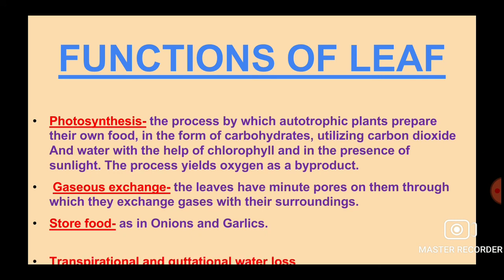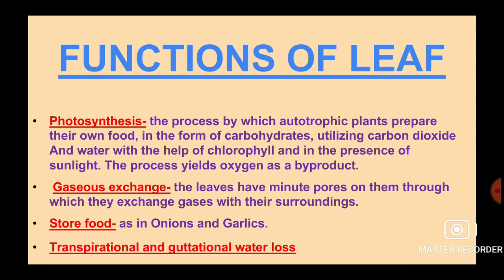Now we come on to the last function of our leaves. And what is that? That is transpirational and gutational water loss. Transpiration and guttation are two very interesting topics. Transpiration is very similar to the process of our sweating. We sweat to cool our body temperature.